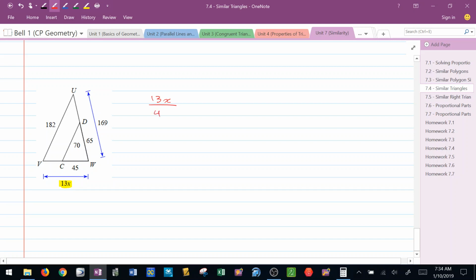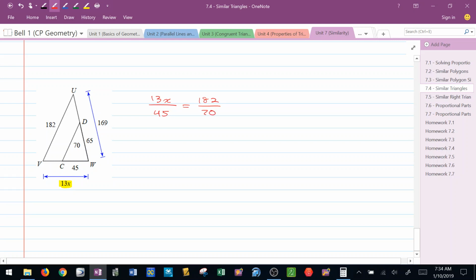So I'm going to match that up with 45. Now, I can either go 169 over 65, big over little, or I can take 182 over 70, big over little again. This time I'm going to choose to take 182 over 70.